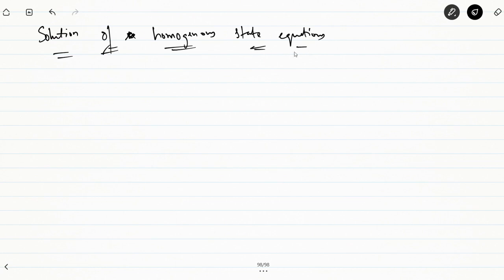Right? Now let's find out the solution of a homogeneous state equations. We know x dot is equal to ax plus bu.